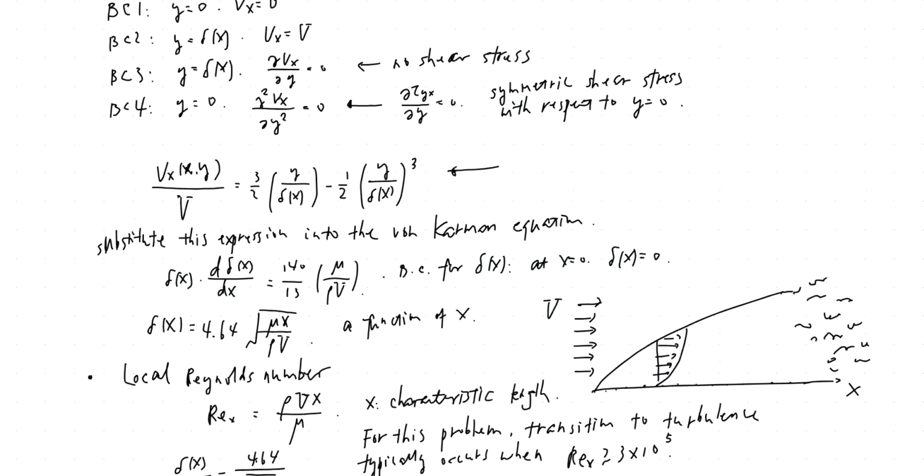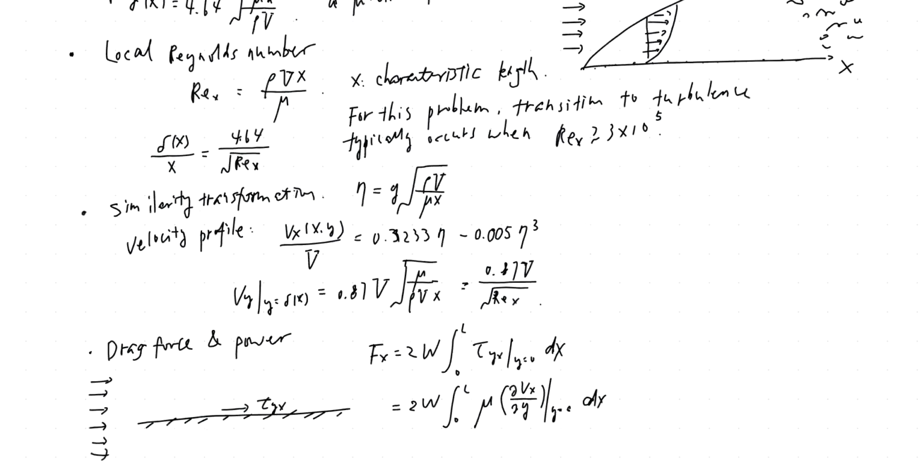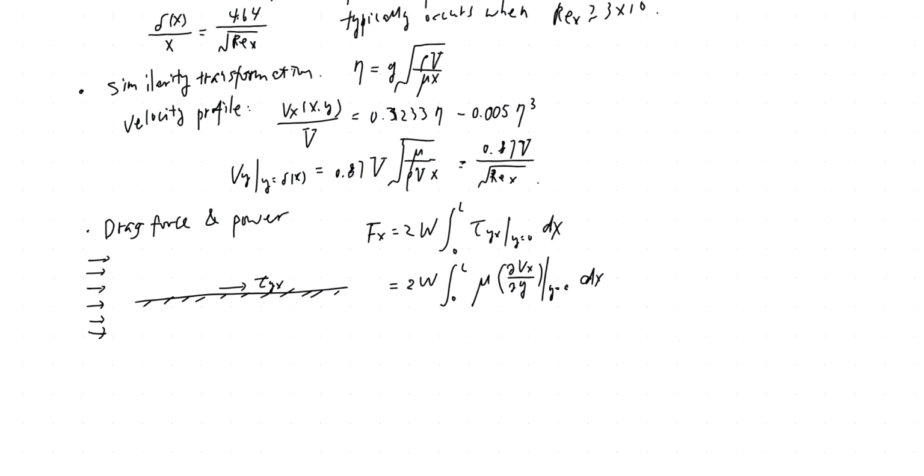And when you see delta x, the boundary layer thickness, you use this expression for the boundary layer thickness. Then it is just expressed as a function of x and y, and then you can plug in. You can verify it on your own.